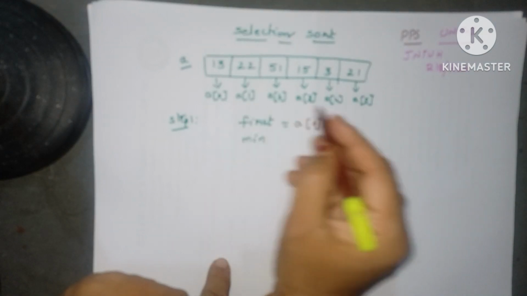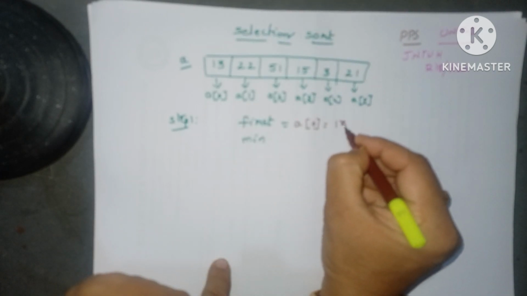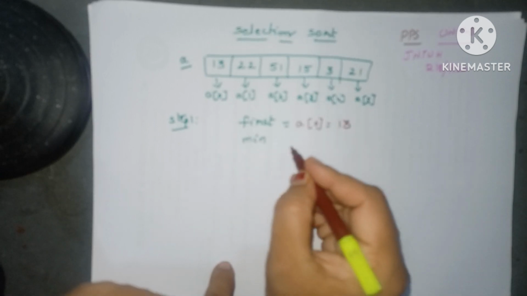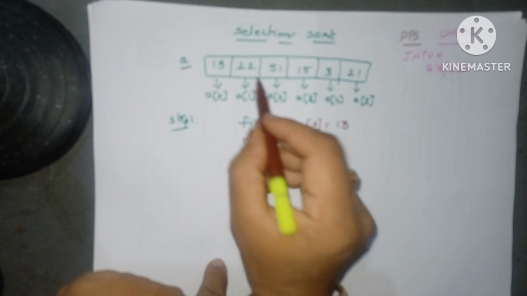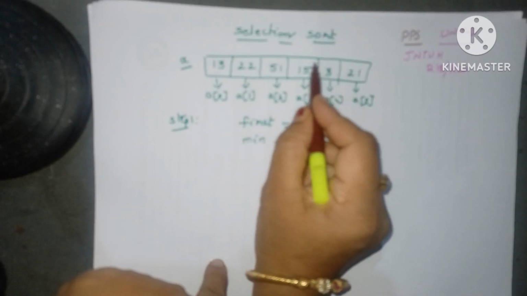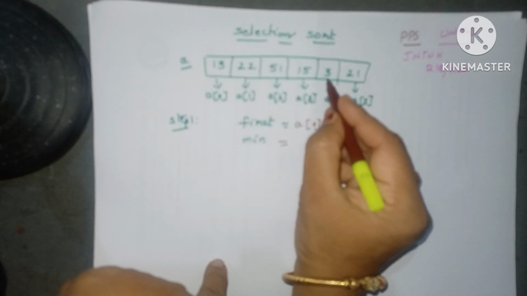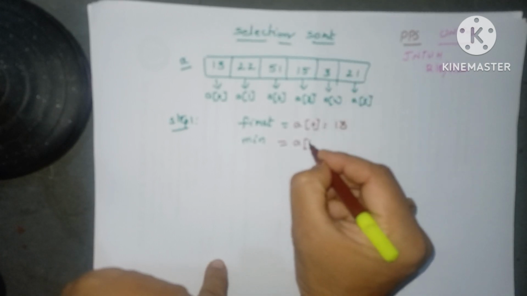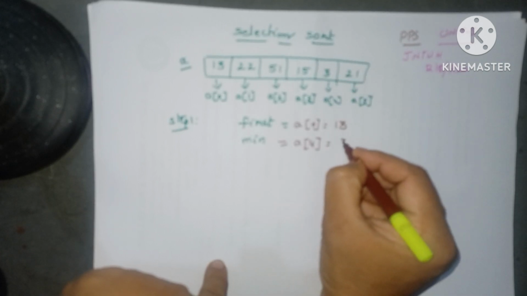The A of 0 element is 13. So 13 is the first element. Which one is the minimum element? Find out among all these elements. The minimum element is 3, which is at position A of 4.